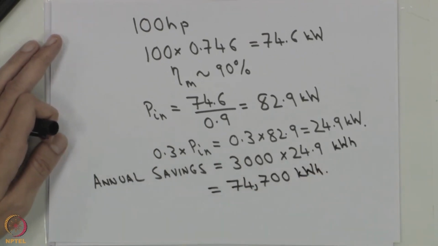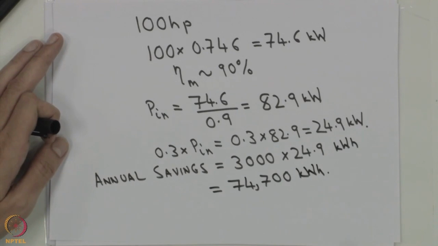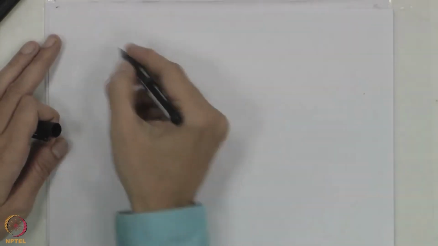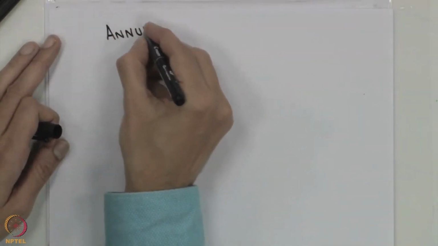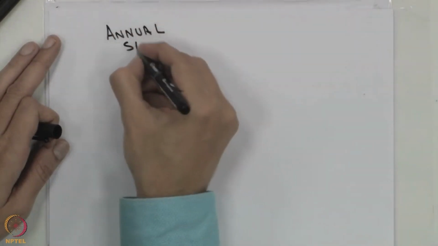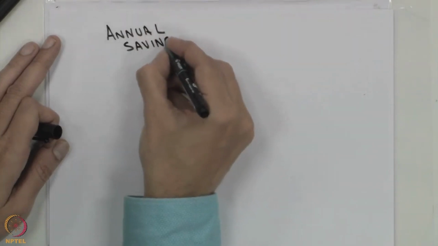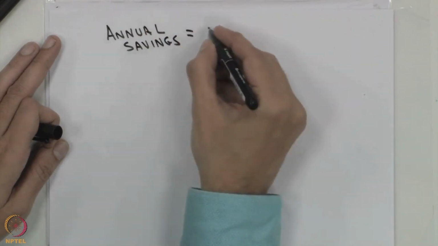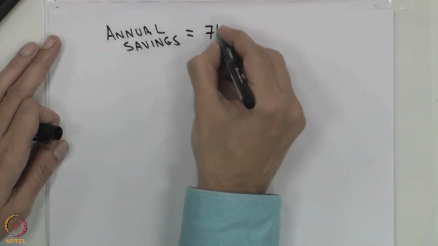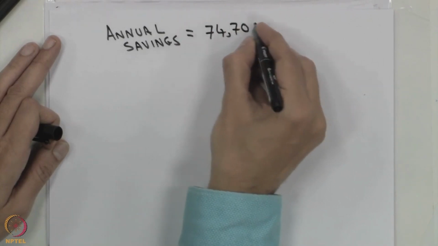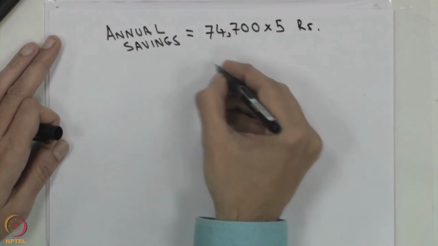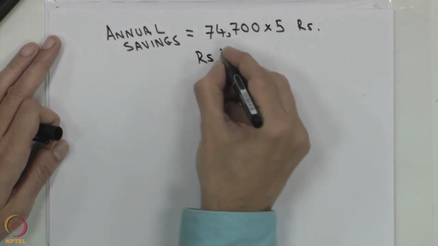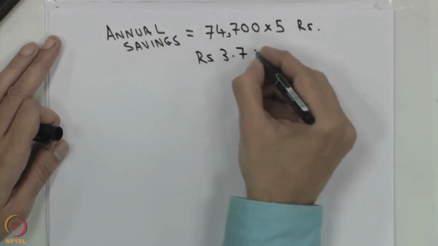Now we have been told that electricity price is rupees 5 per kilowatt hour. So the annual savings are, just multiply the total that we have, which is 74,700 into 5 rupees, and this turns out to be, you can do this, you will get 3.7 lakhs.